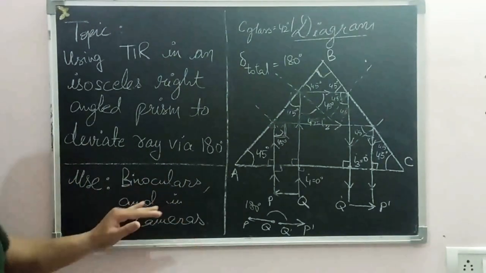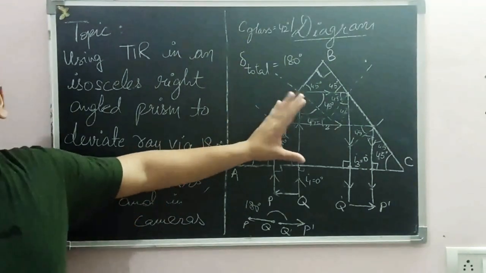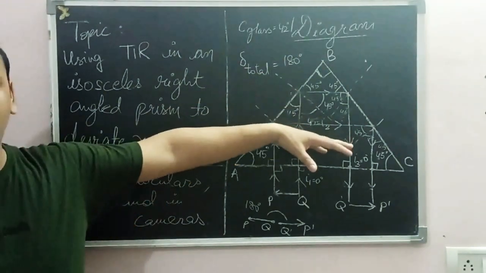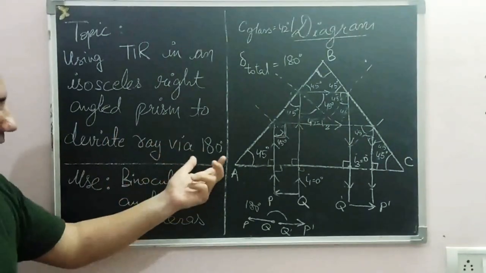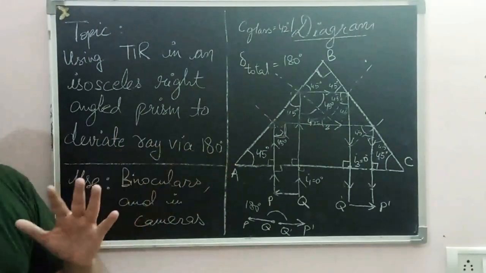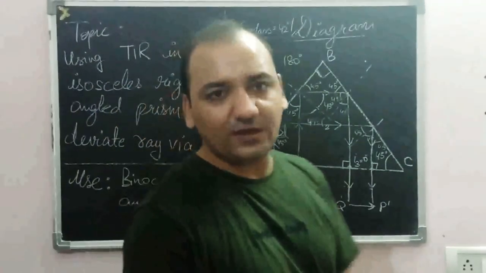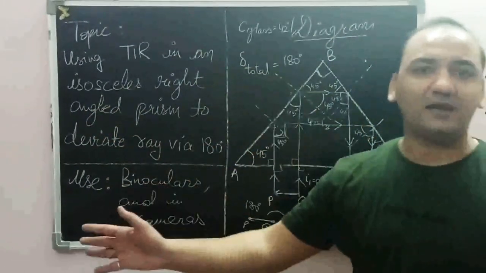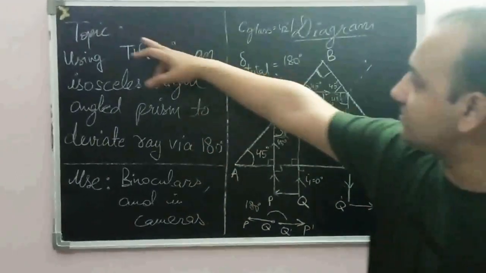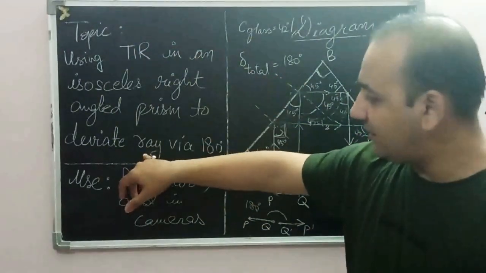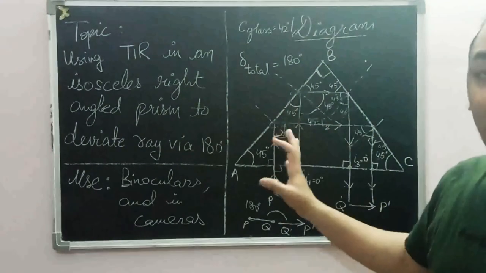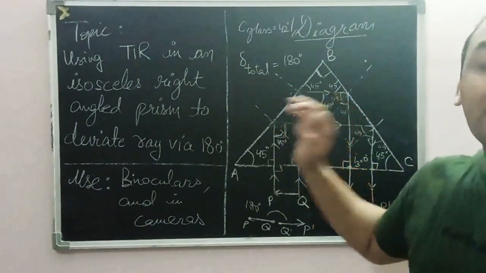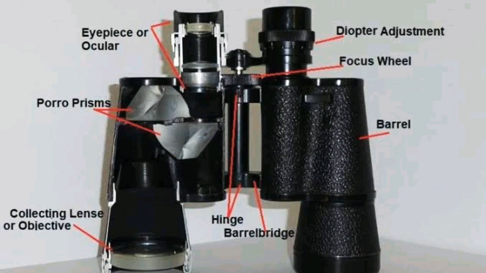You must know the uses, you must know the labeled diagram of how to complete this process, and you must know what deviation we are creating, 180 degree deviation, because the question can be framed on any of these three perspectives which I have emphasized in the video, which is the deviation angle, the two uses, and the diagram, which should be a labeled diagram. Arrows are pretty important, the angles specified are pretty important.